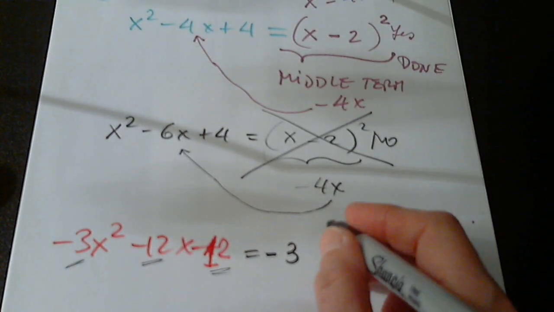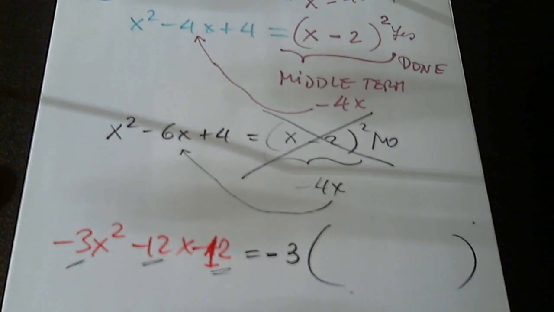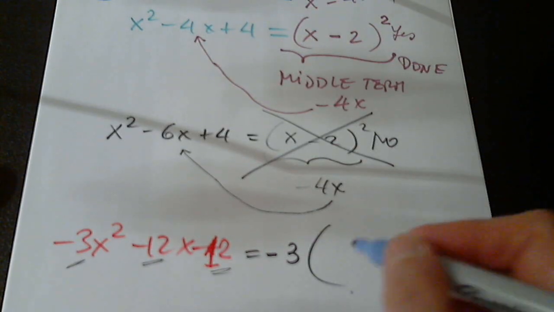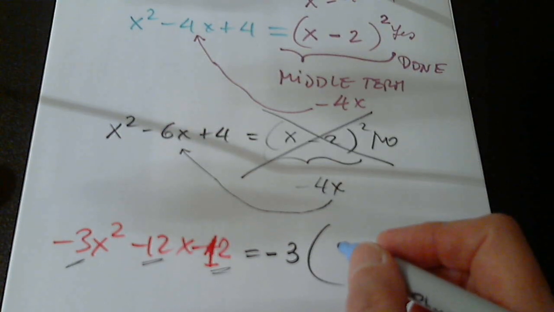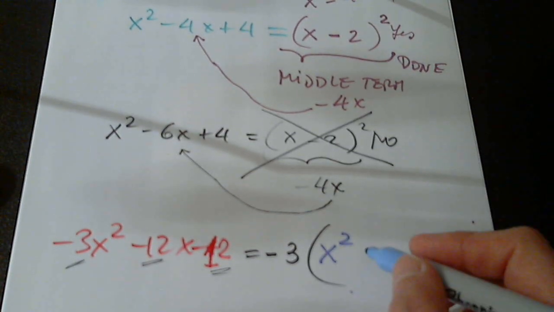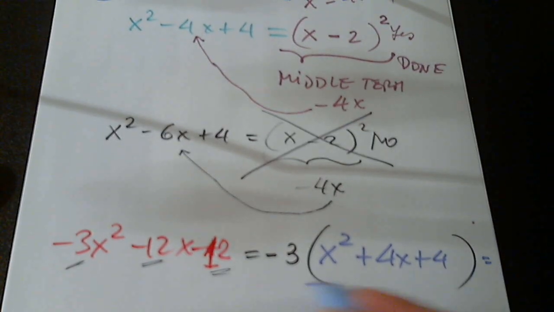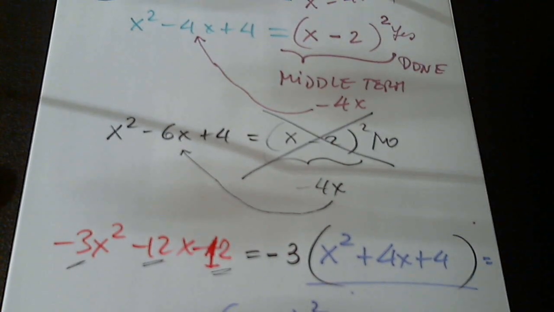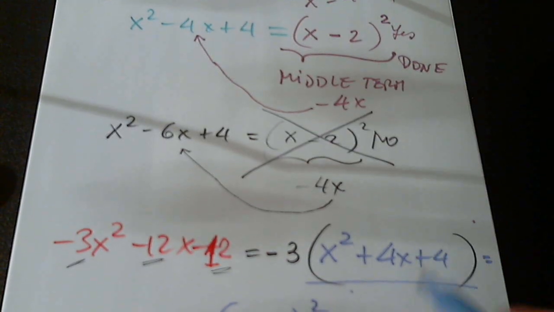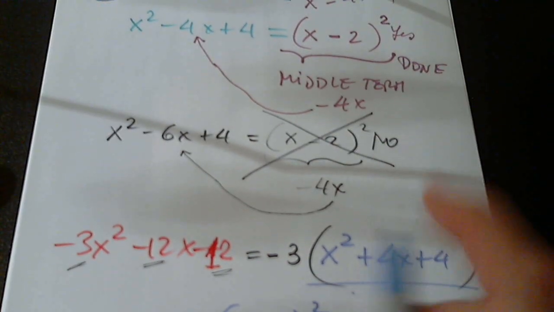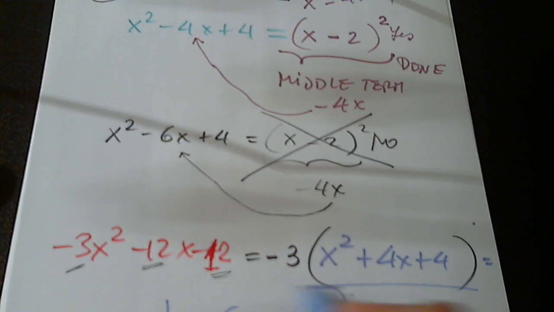Yes. Can anyone tell us what is left? x squared plus 4x plus 4. Brilliant. Now you know what this is because we had a very similar example a minute ago. What is it? x minus 2, careful, oh, plus 2. Exactly. Done.